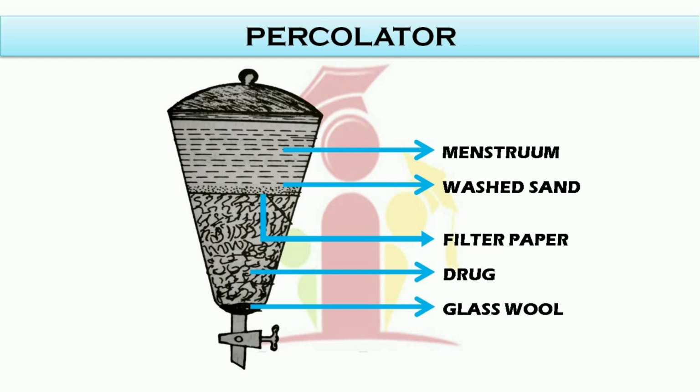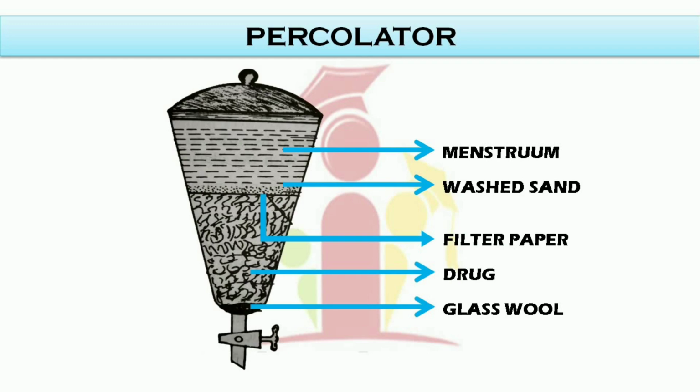The moistened drug is added little by little at a time and tightly packed and pressed up to 3/4 of the percolator. Above the drug, a piece of filter paper as shown in the diagram is placed, and then above that a washed sand layer is present. This is done to protect the top layer from any disturbances.